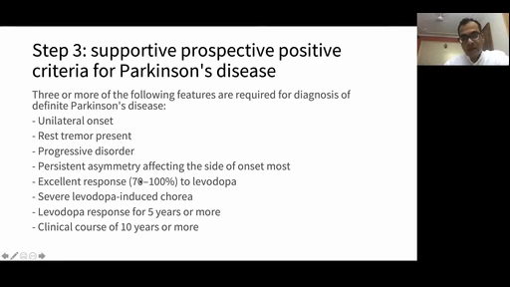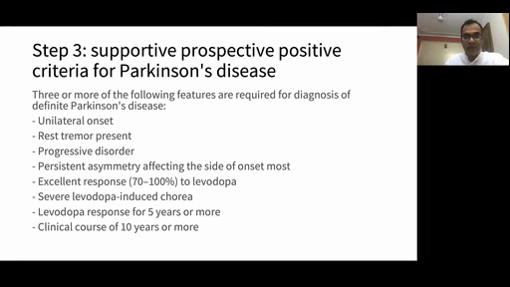If there's an excellent response to levodopa, there are other diseases which may also respond to levodopa, but in addition to other things, then you can diagnose Parkinson's disease. Levodopa-induced chorea usually occurs after 4 to 5 years or more, and once that sets in, it encourages you that this is Parkinson's disease only and nothing else.